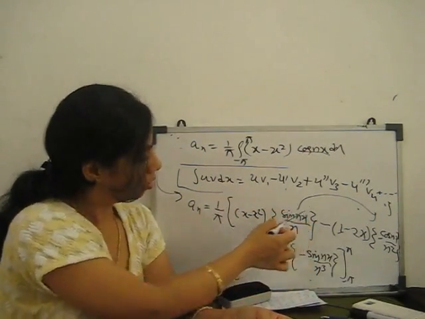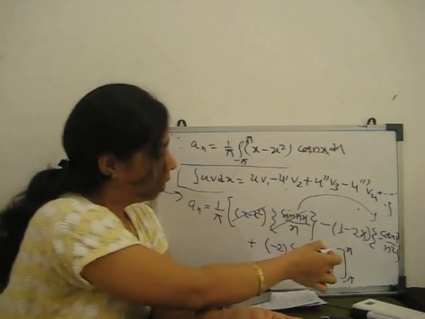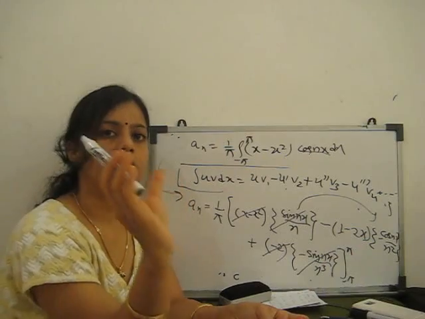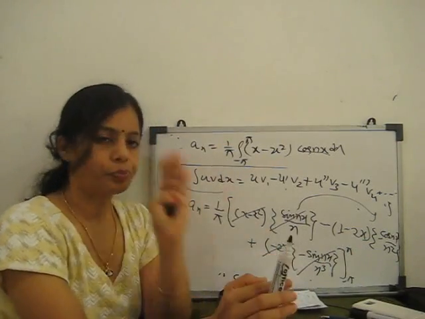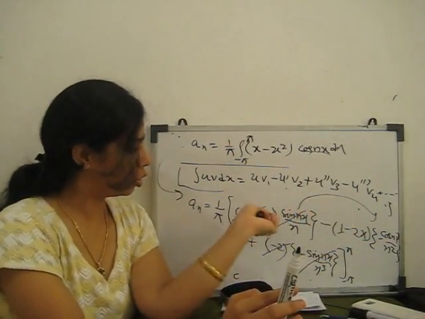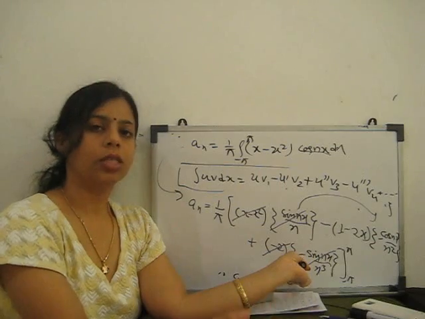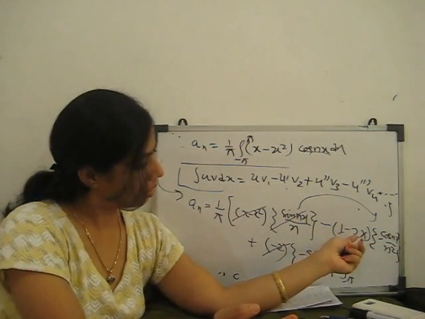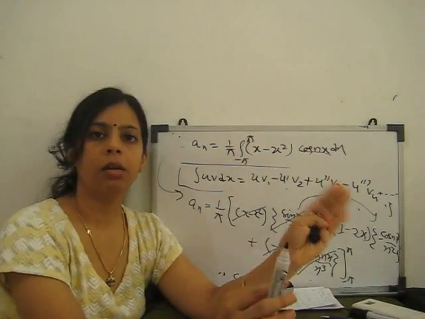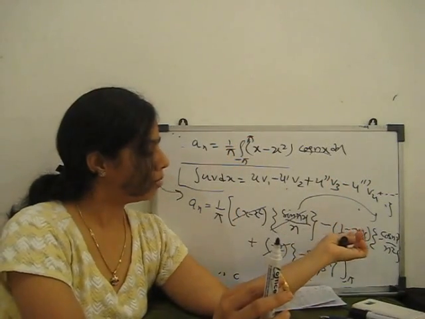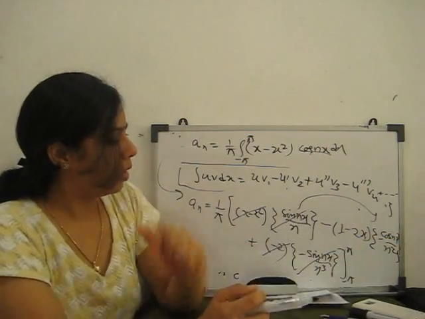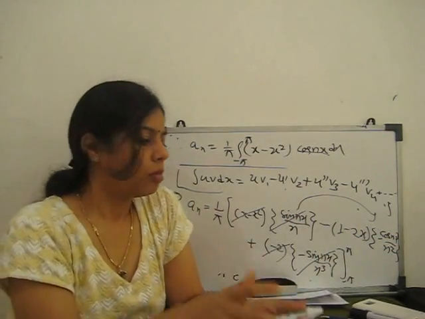So this whole term goes to 0, this whole term goes to 0, only the cos term gives the value. Clear? No need to apply limits in those, they just go to 0; we have to apply the limits here. When we apply here, it is upper limit minus lower limit, so (1 - 2π) cos nπ. Clear?